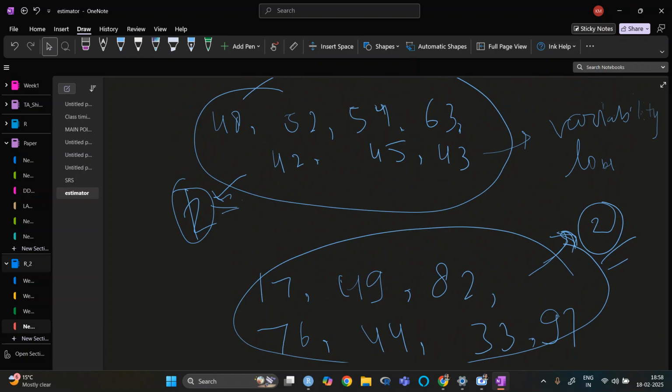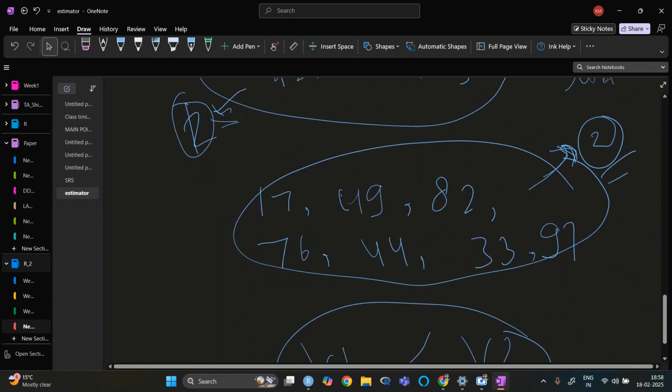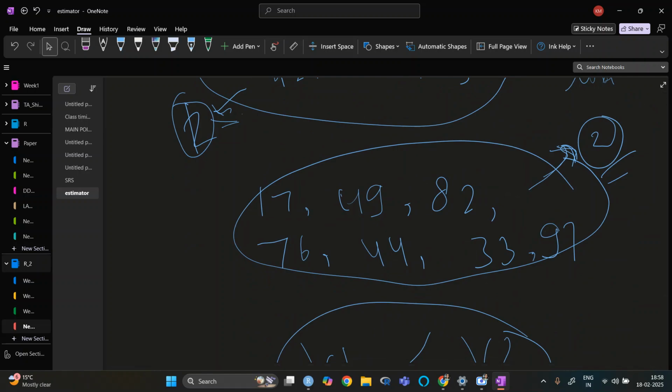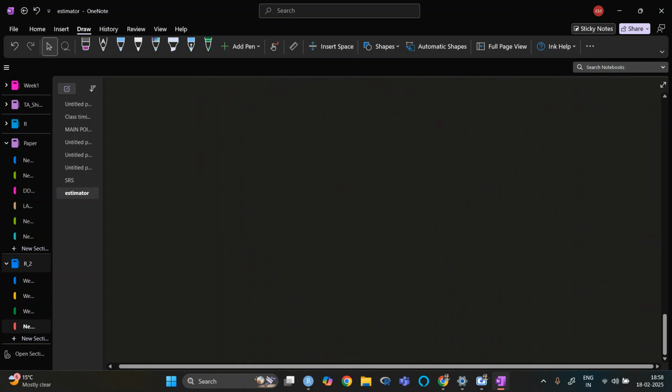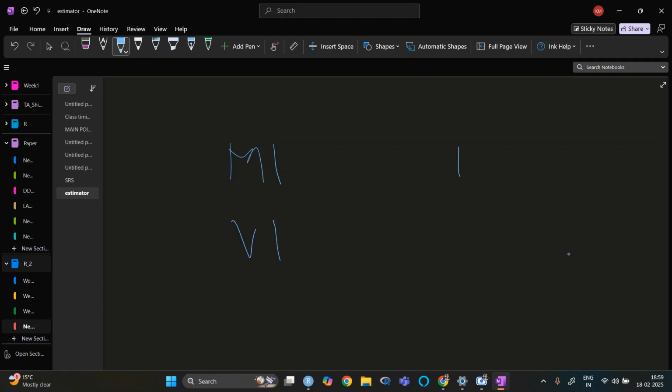Let's say if it is 70, the students have performed very well, and most of the students are better than this, if the variability is low. But in the second, you can see that one person has the number 17, another person has 97. So right now I do not see the sample, I will see only the variability. There is m1 and v1, and m2 and v2.